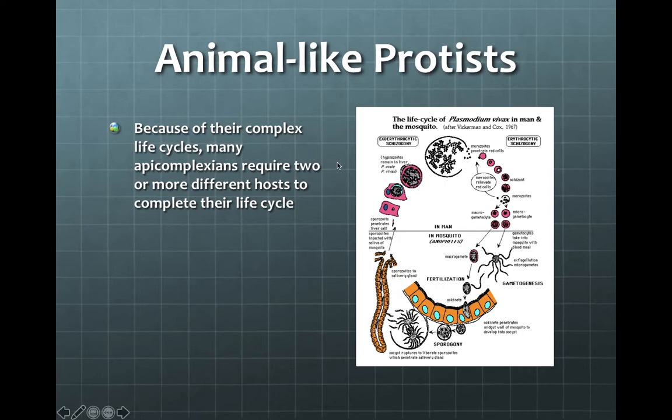So this one right here is Plasmodium vivax in man and in the mosquitoes. So you can see that it basically goes through all this way. Sorry, this one right here. So it goes through mosquitoes and then it goes into man basically.